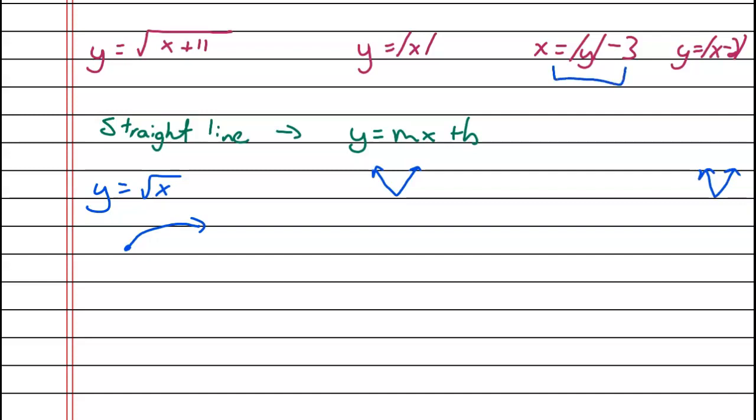The one that some of us needed to be careful about was this one right here. We actually have the absolute value of y. Whenever there's an operation or a symbol on the y, that usually means we're turning to the side. So this one is actually pointed to the side.